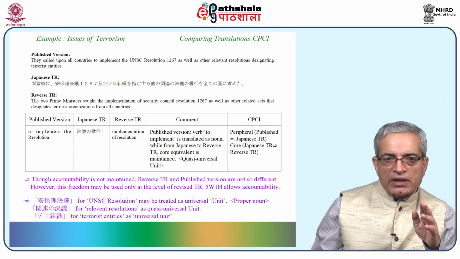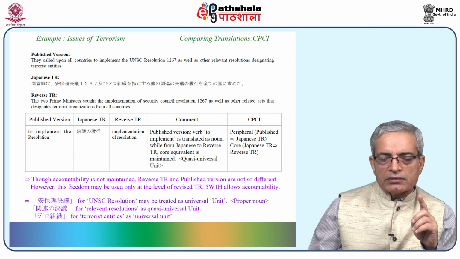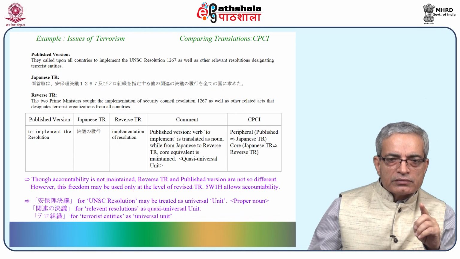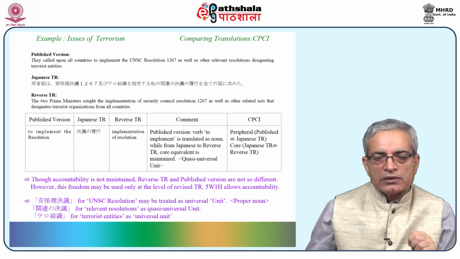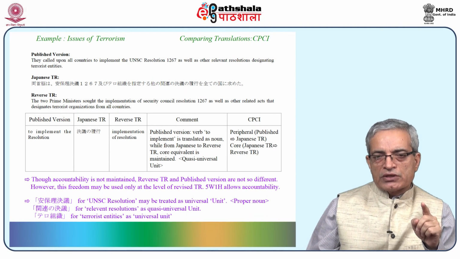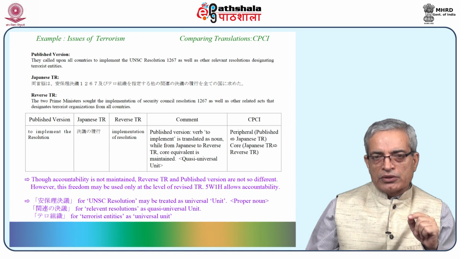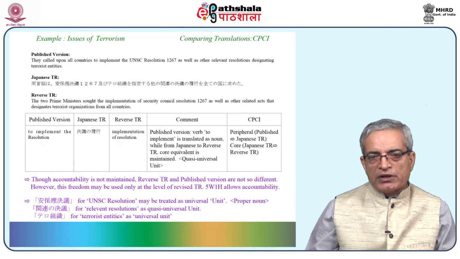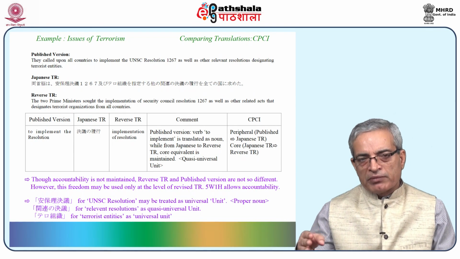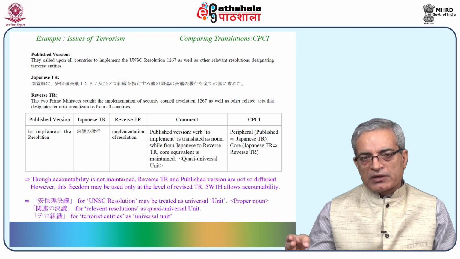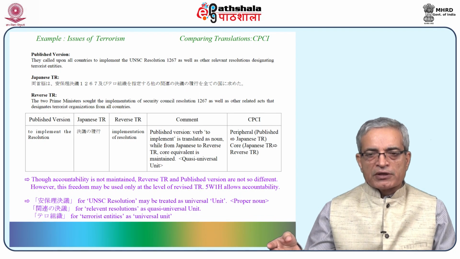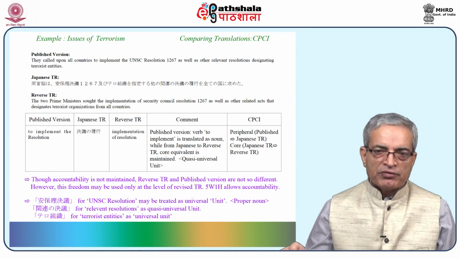The published version had "to implement the resolution". Japanese TR Ketsugi no Riko is fine, and implementation of resolution is also fine. In English, it is "to implement", that is a verb. In Japanese, it is becoming no Riko, that means it's becoming a noun. So it's peripheral.